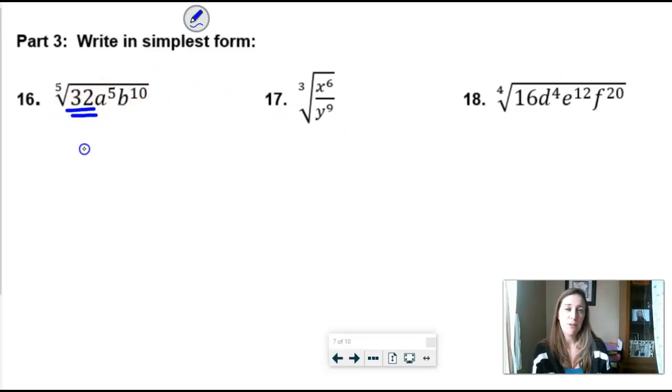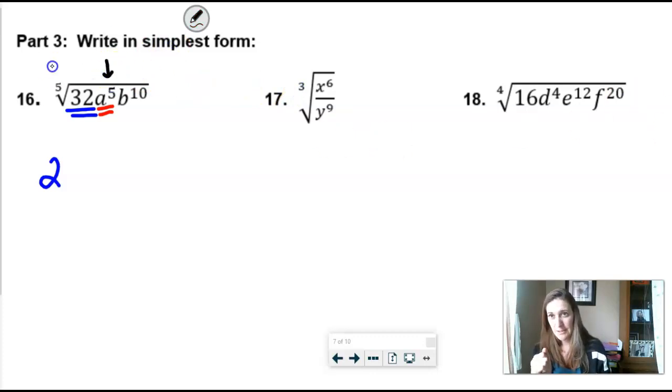The fifth root of 32, that's awesome. That's a 2. So it simplifies. It comes out of the radical, and it's just gone out of the radical. Totally simplified. Now think about that exponent property that we were just having with the radicals to exponents. You're supposed to take whatever this exponent is, and you're going to divide by the index. So I'm going to write myself a little note.